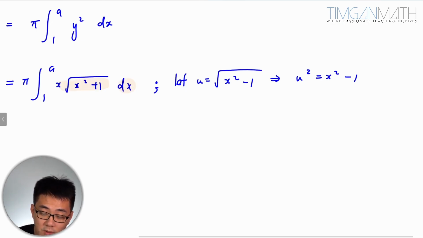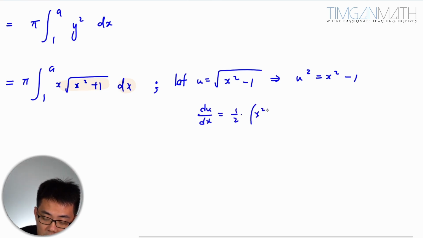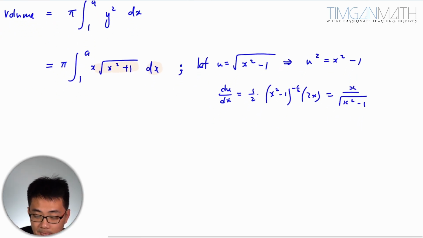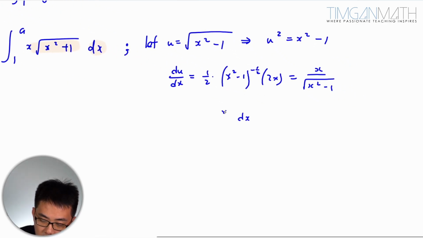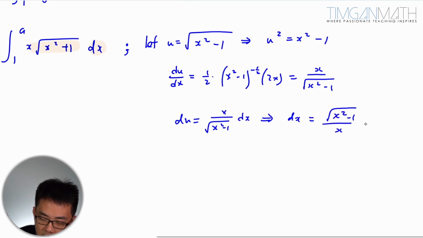So du over dx will be half times x squared minus 1 to the power minus half times 2x, which is x over square root of x squared minus 1. So dx is equal to square root of x squared minus 1 over x du.